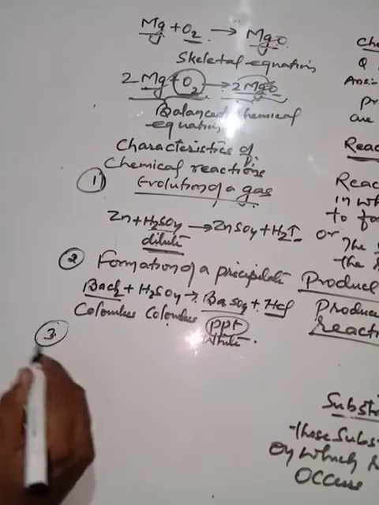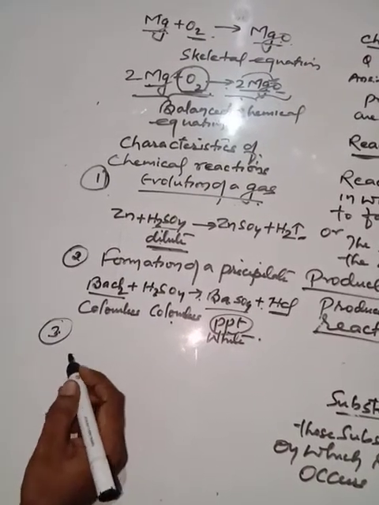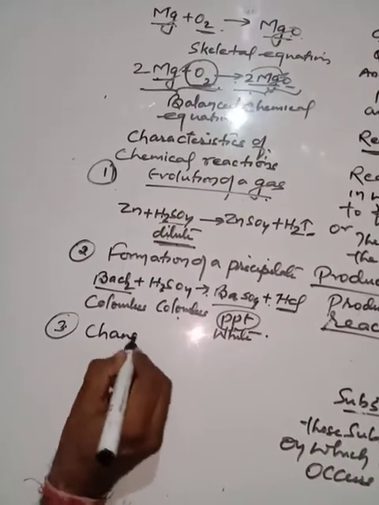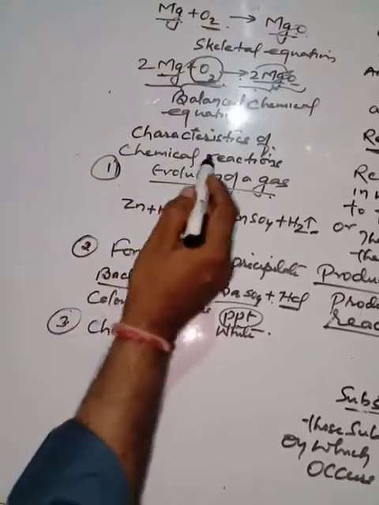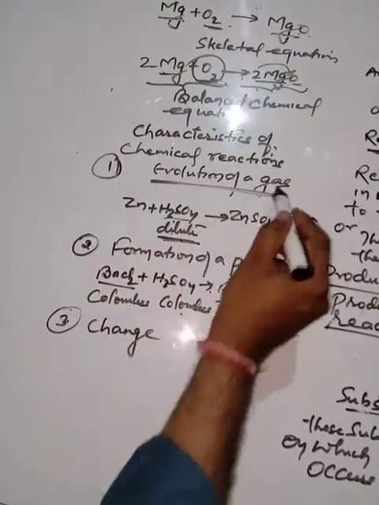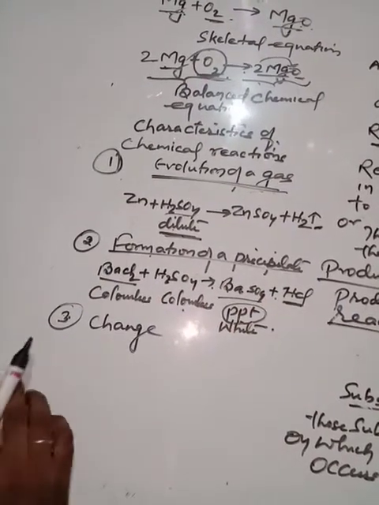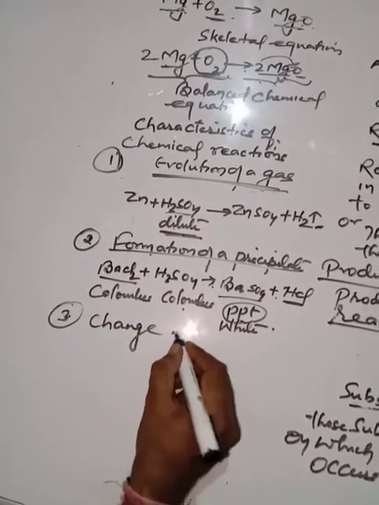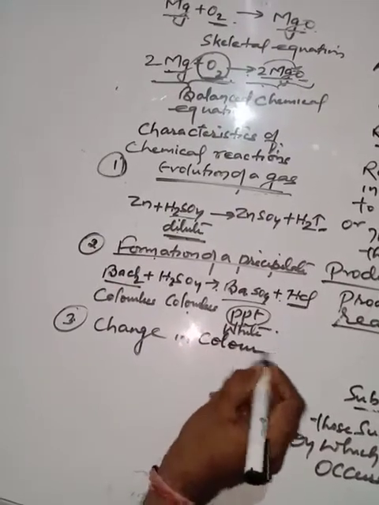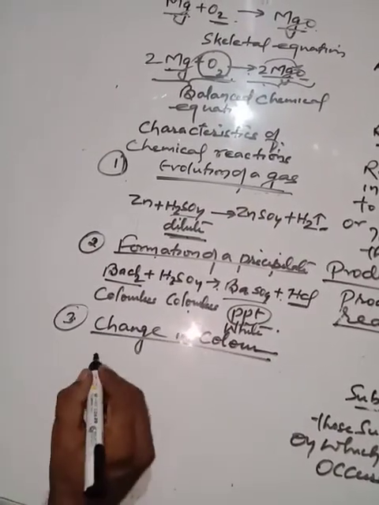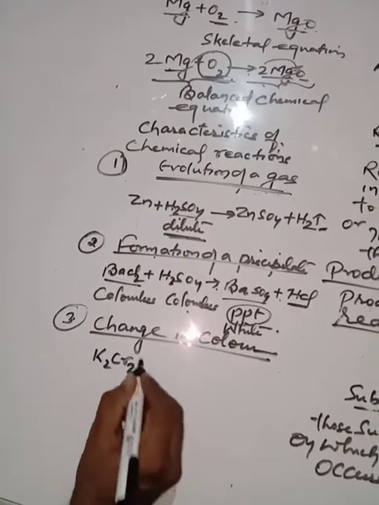Now the third one is change in color. The characteristics of a chemical reaction: first marked by the evolution of a gas, second by the formation of a precipitate, third by the change in color. In this reaction, consider K2Cr2O7.